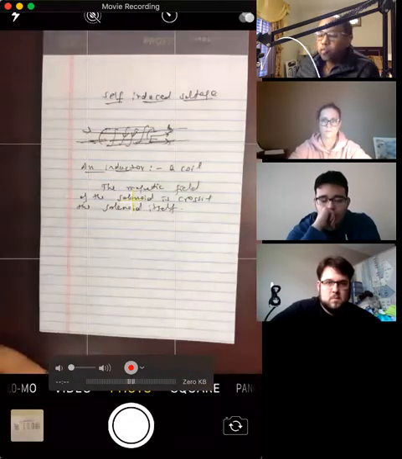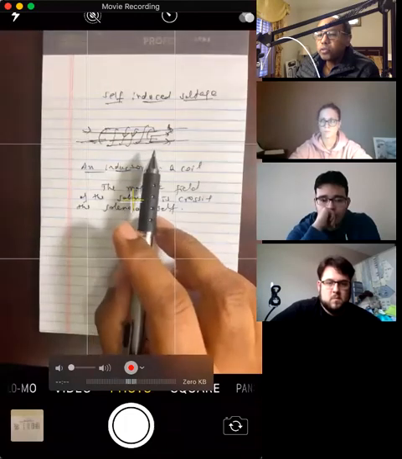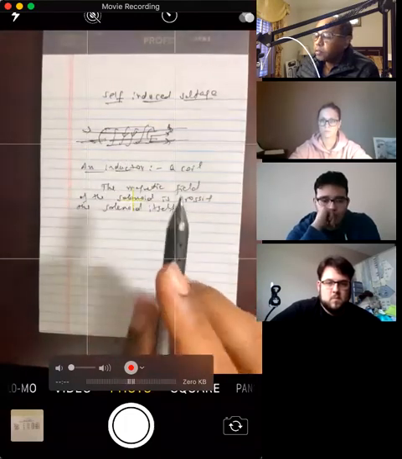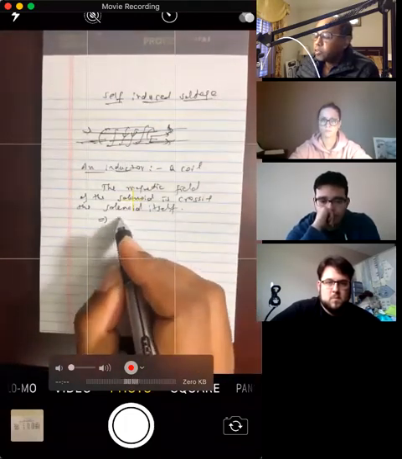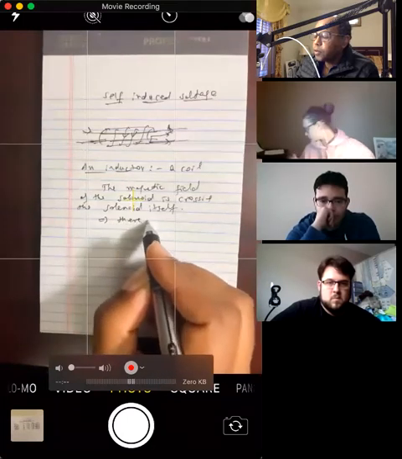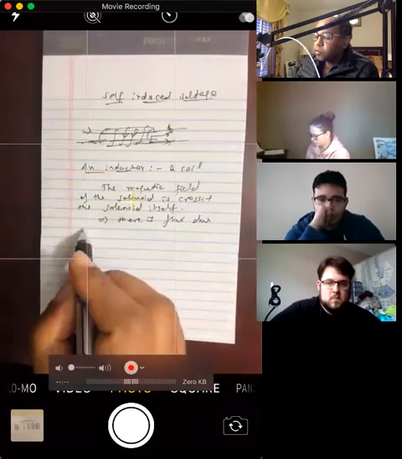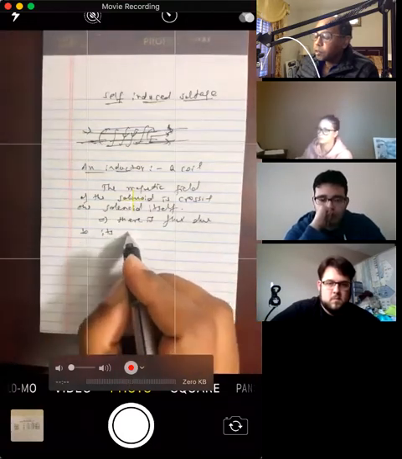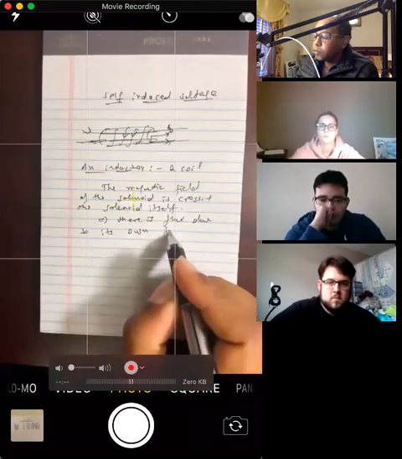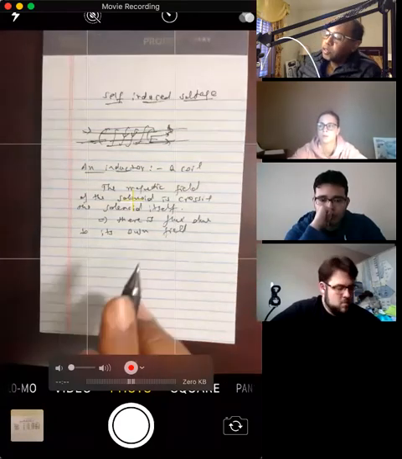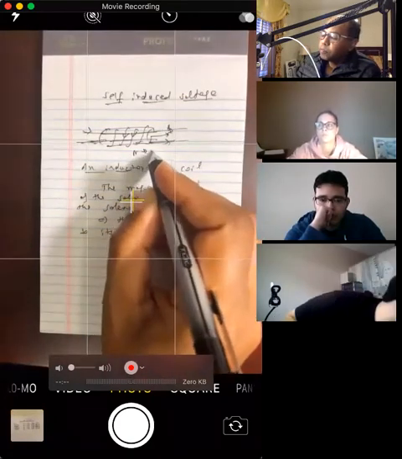That means there will be flux crossing the solenoid due to the magnetic field. This implies there is flux due to its own field. Now you see, let's say N is the number of turns.